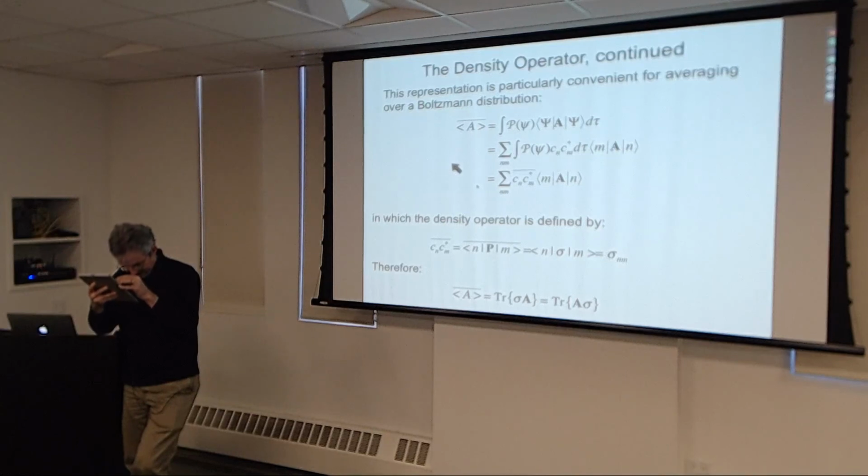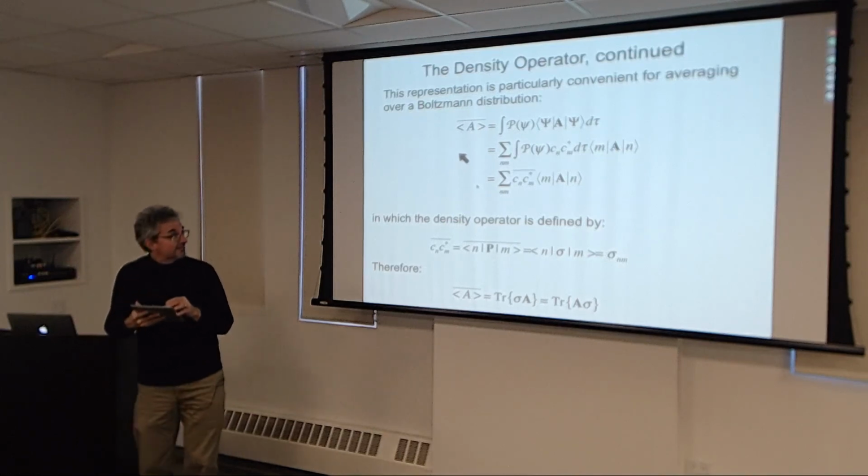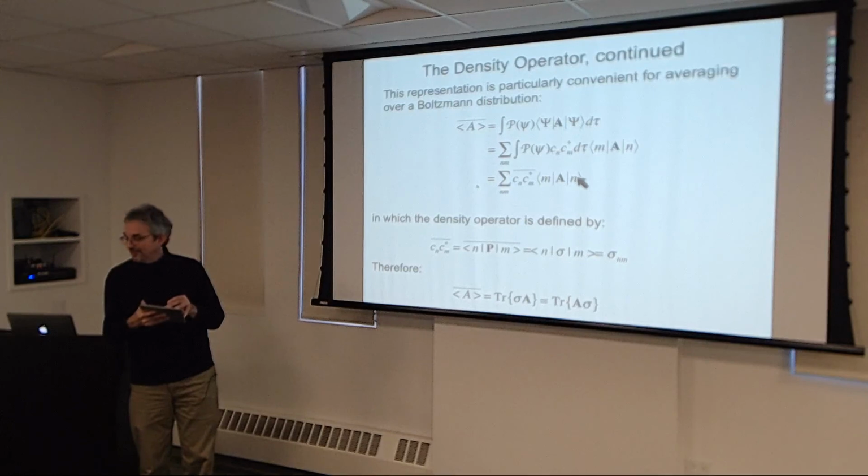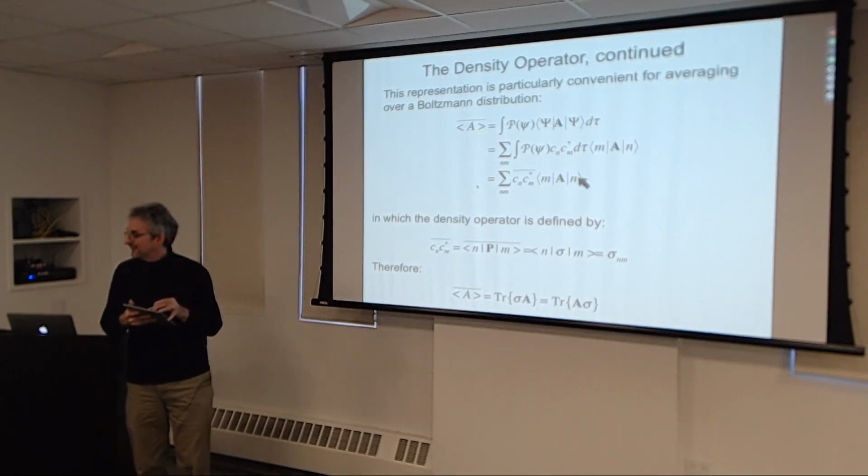Oh, I'm sorry, you can see it, I can't see it. When we work through all of this, we discover that the averaging over the probability distribution means we just have to average over the expansion coefficients. The operator A and the basis functions don't know anything about the Boltzmann equilibrium. They're the quantum mechanical part.